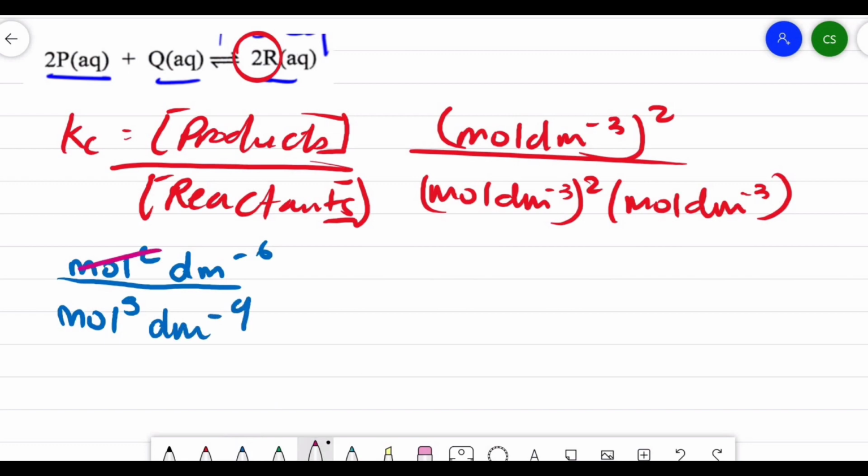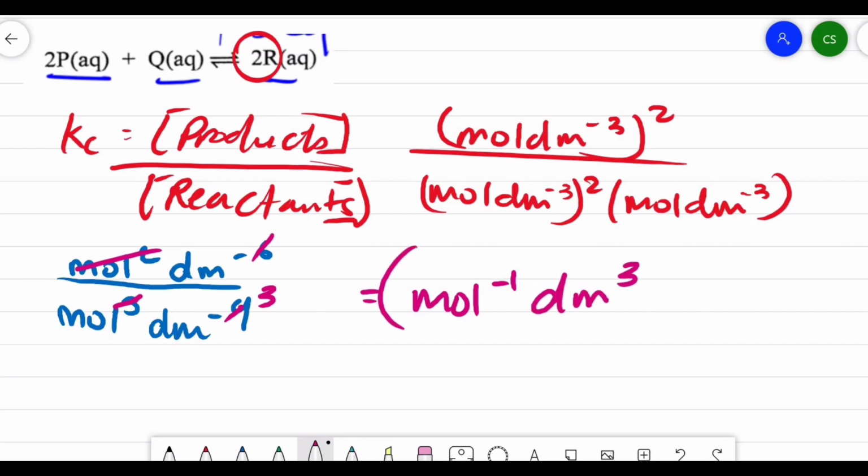Mole squared would cancel and leave you with 1 mole, and minus 6 would cancel, leaving you with minus 3. So seeing that mole is on the bottom, you'd end up with per mole, and seeing that per dm cube is on the bottom as well, you'd end up with dm cube instead, so the inverse.